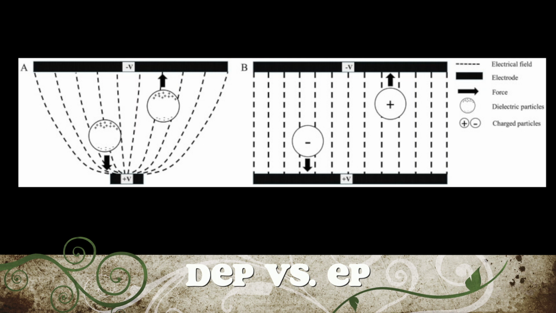Another difference between the two techniques is that the dielectrophoresis technique can create a trap of particles using electromagnetic fields, while electrophoresis cannot create stable, non-contact traps of particles.